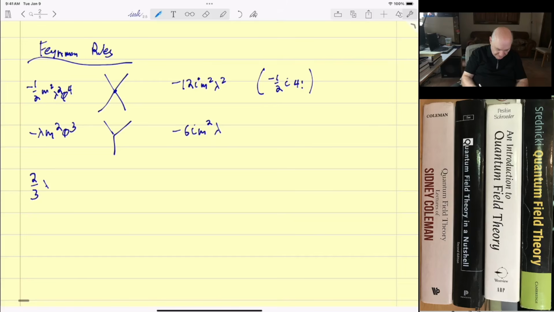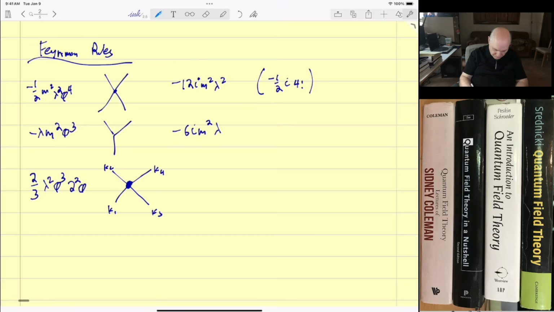Okay. Now we have 2/3 lambda squared phi cubed partial squared phi. This is going to be acting on a diagram like this. Let's say K1, K2, K3, K4. Okay, and I'm going to put a heavy dot here.